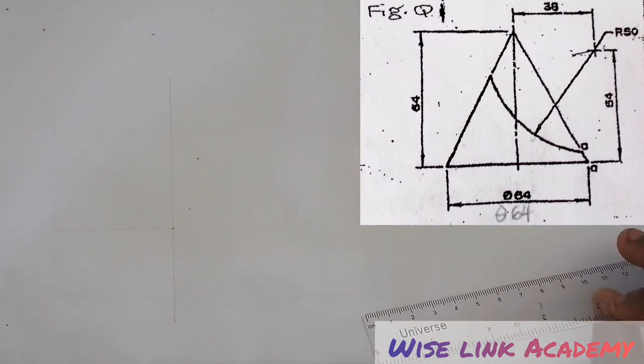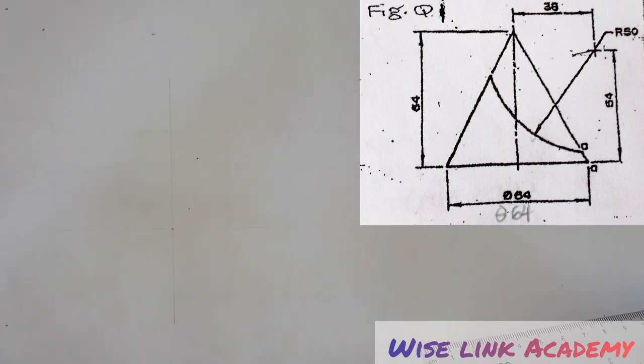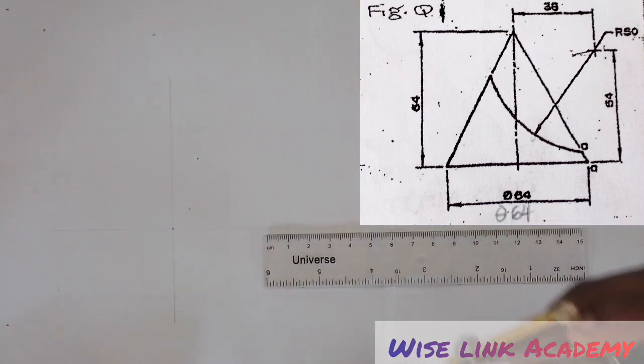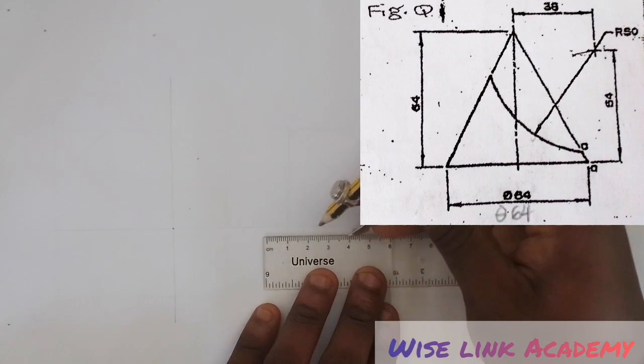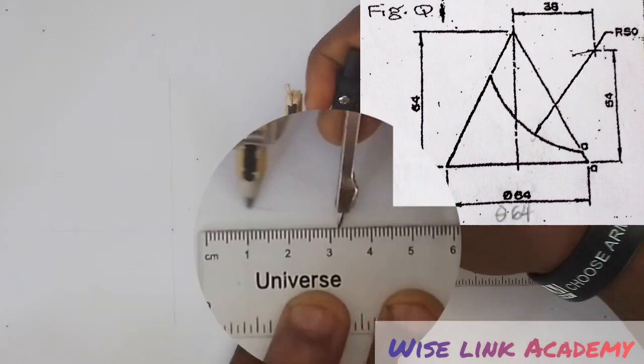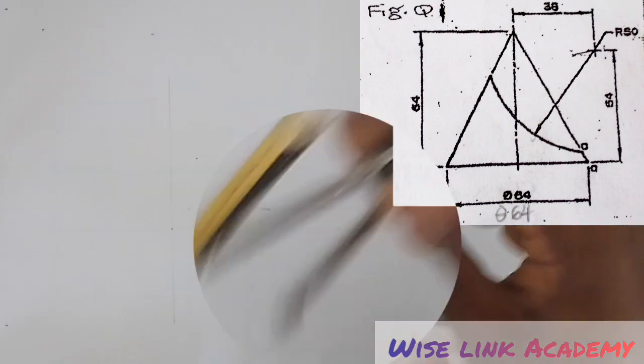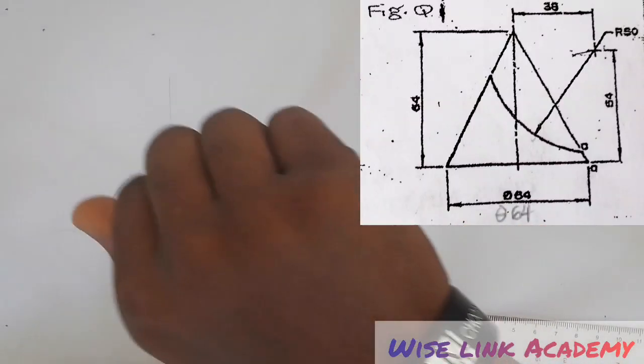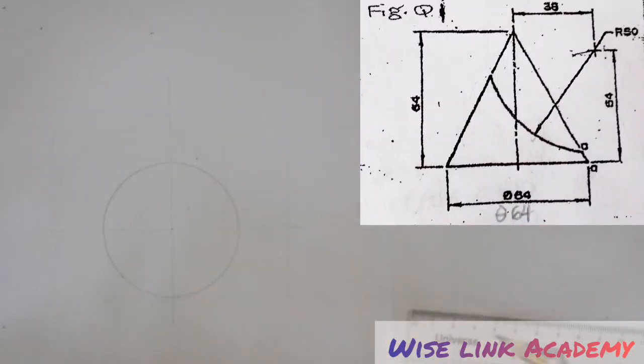Half of 64 is given to be 32, right? So I'm going 32 millimeters, 32 millimeters. This point to this point is 32. At this point here, I will draw a circle this way, right?